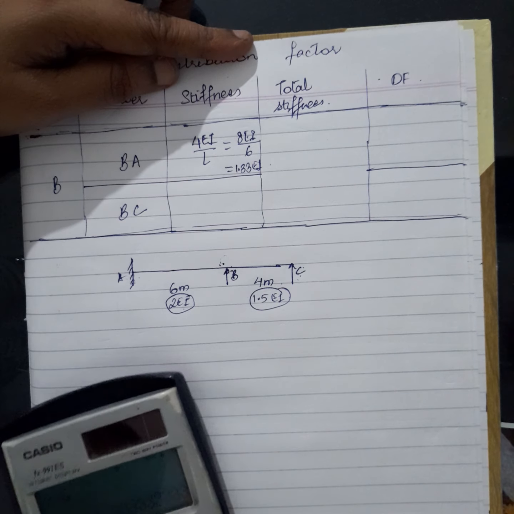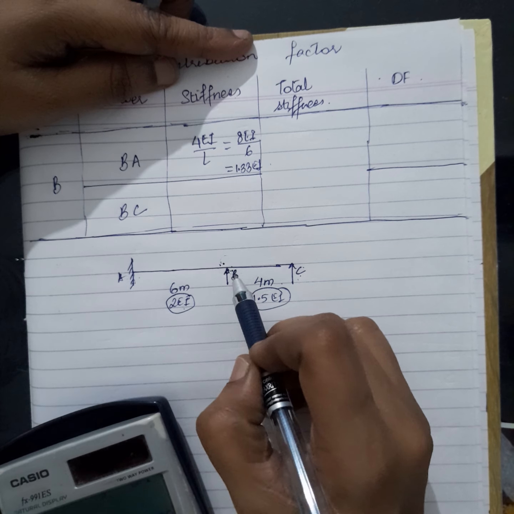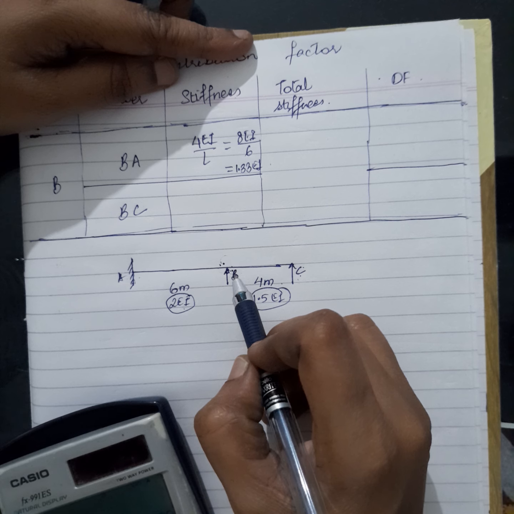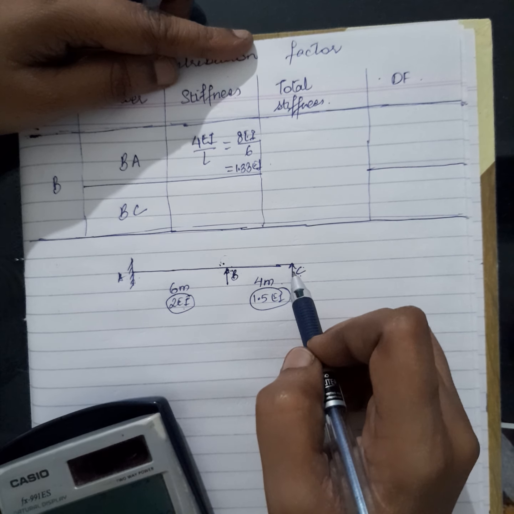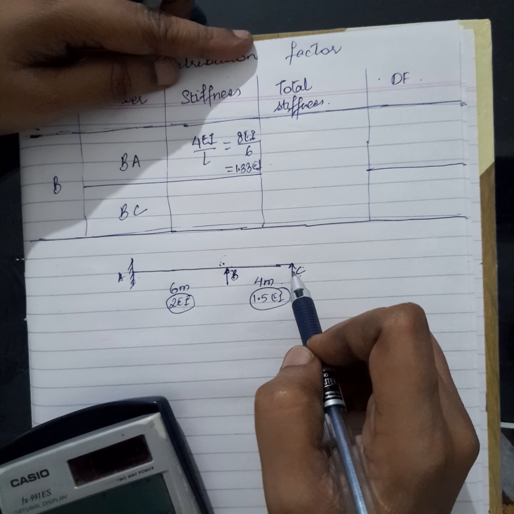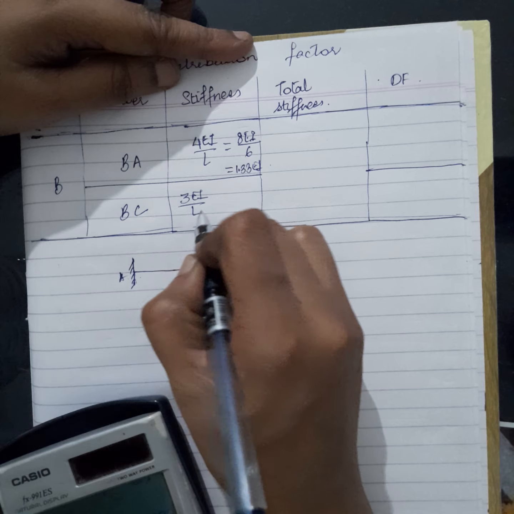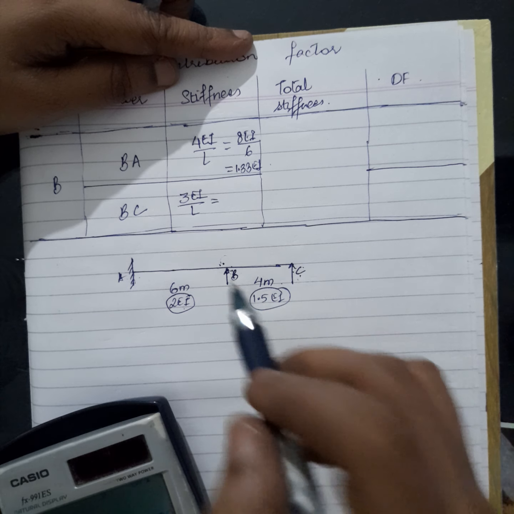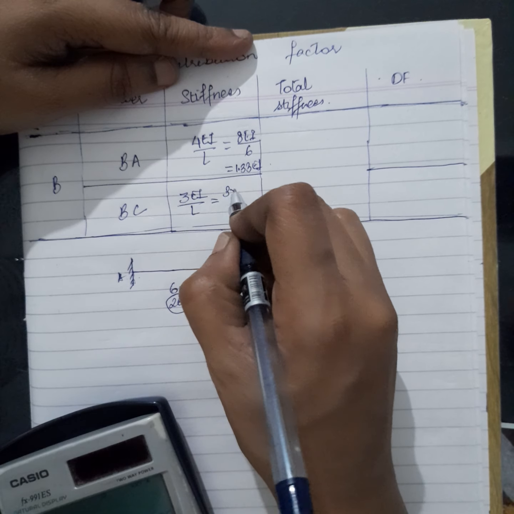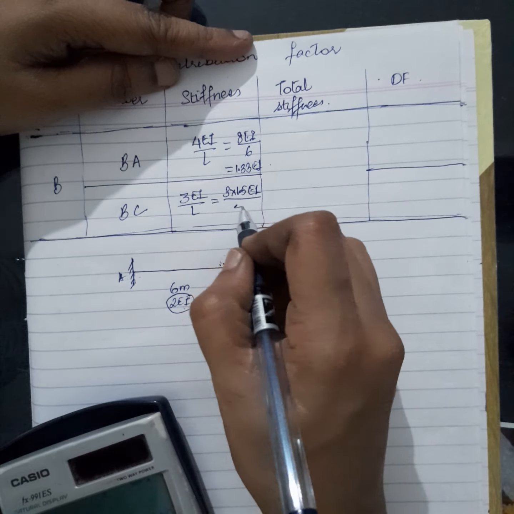Now BC. Ignore the AB part. If you apply a moment to cause unit rotation at B, what will be the stiffness at the far end C? It will be 3 EI by L, since C is simply supported. So substitute 3 into 1.5 EI divided by 4.